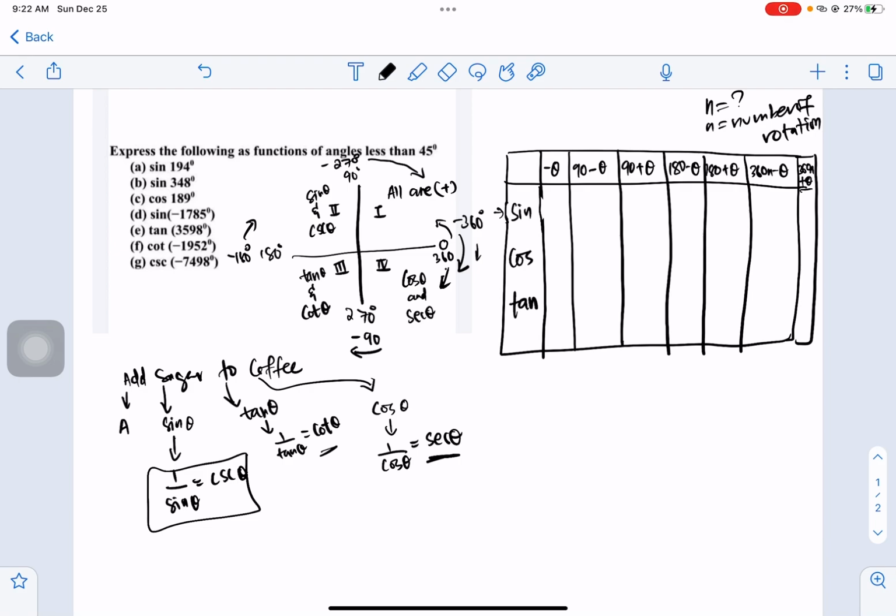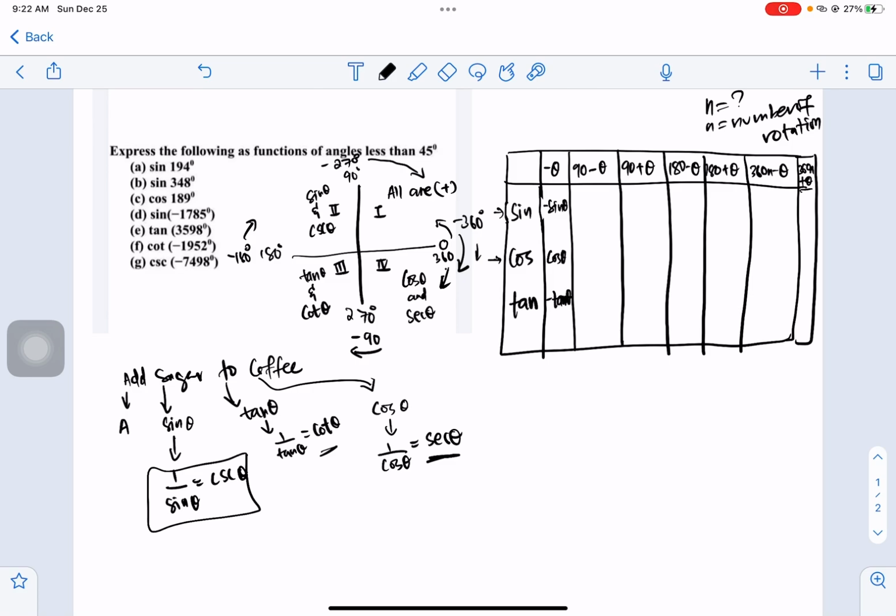So only cos is positive. So it will be cos theta only, whereas your sine will be negative theta, also your tan theta. So make sure you understand this case, okay? If it falls under that quadrant, only that will be positive, the rest will all be negative.